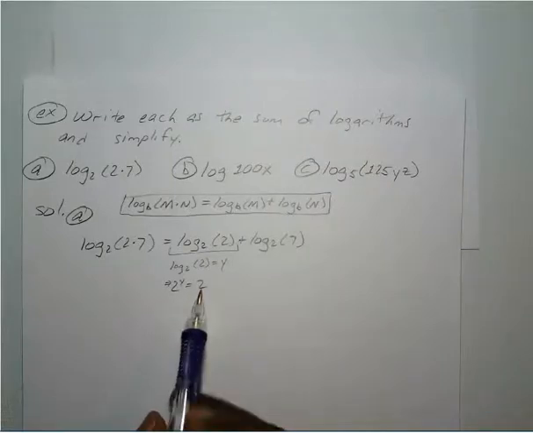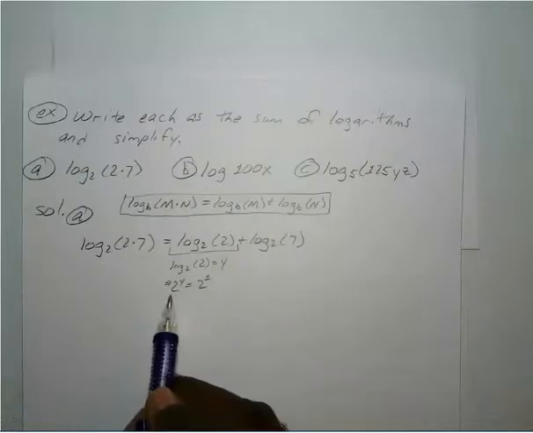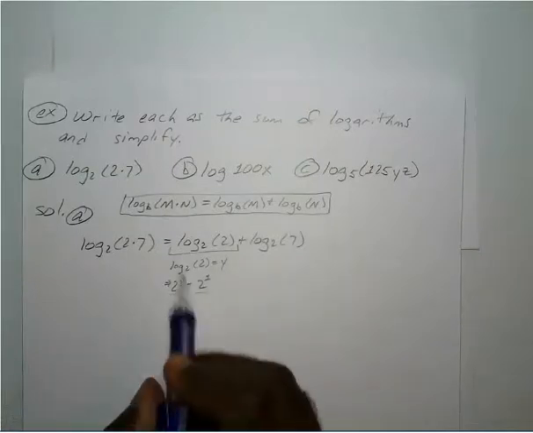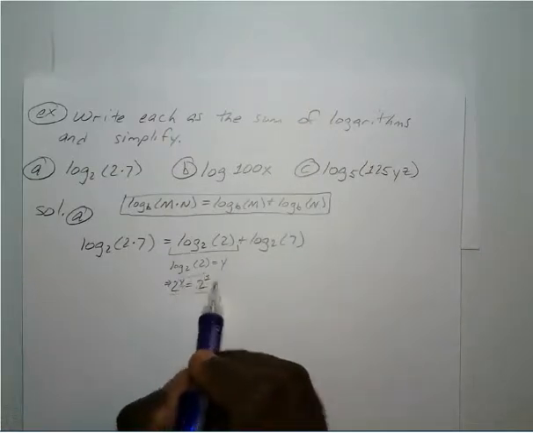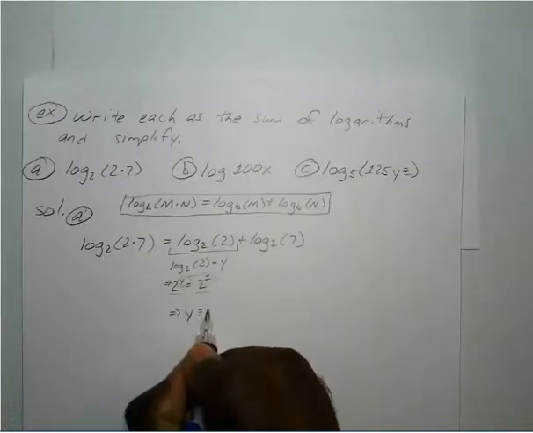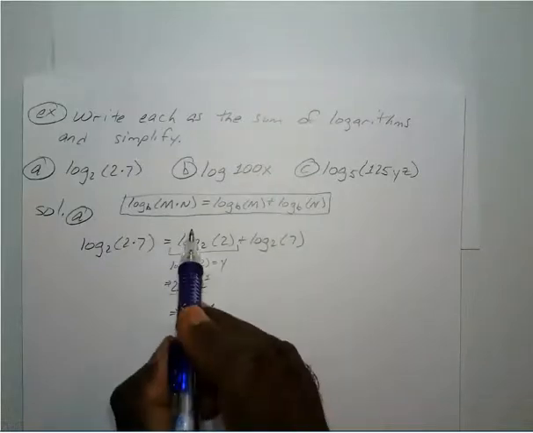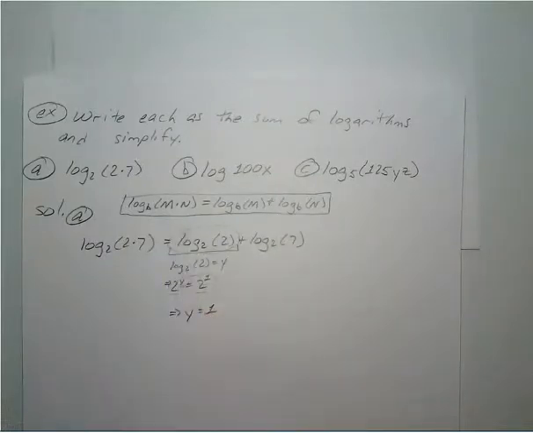Remember, 2 is the same as 2 to the first power. So our bases are the same, which means the exponents have to be the same, so y is equal to 1. This entire term is just equal to 1.